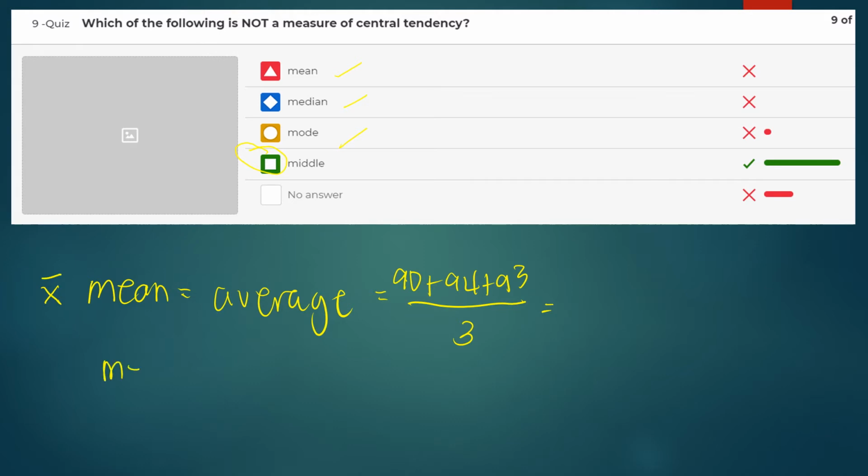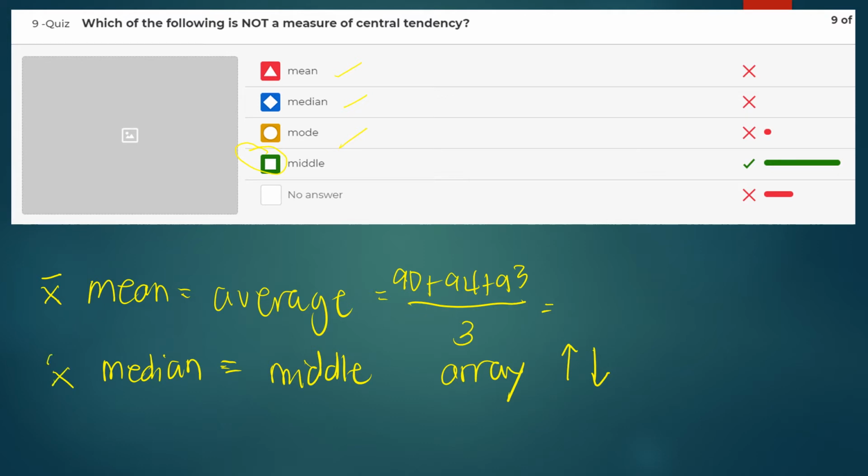So we also have the median from the word middle. So it is the value located at the middle of a given set of numbers. But take note that for you to be able to get the median, of course, you should arrange the numbers in your set into an array. Pag sinabi nating array, it will be either increasing or decreasing. Kailangan naka-arrange siya bago mo identify yung nasa gitna to get the median.